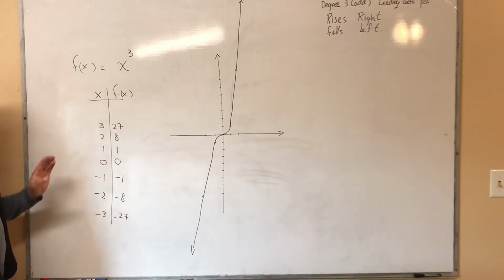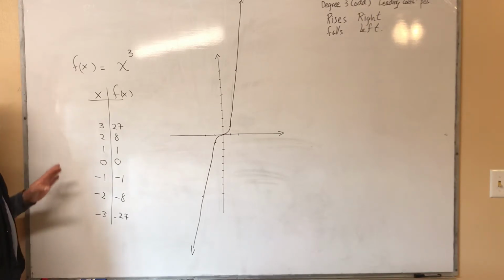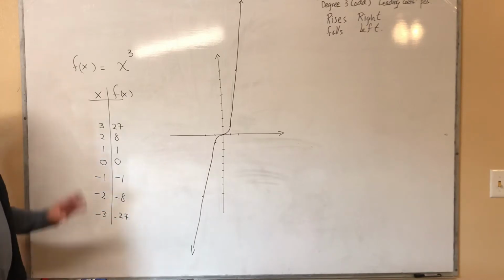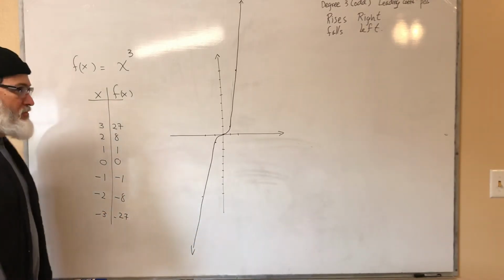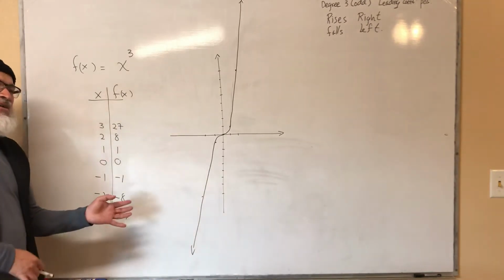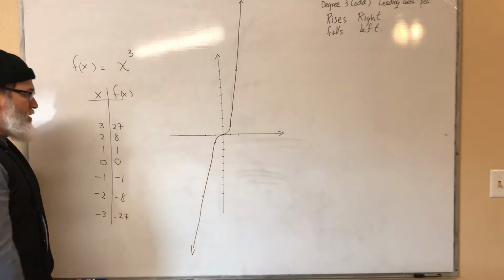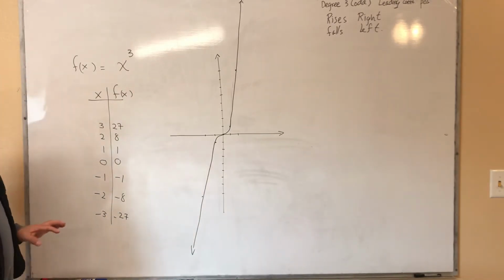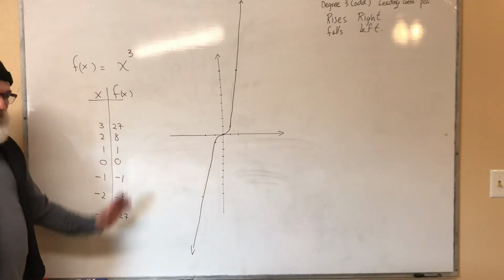We also say this function is odd. This is an odd function. Okay, so we have even functions. We also have odd functions. I'm going to go back and explain to you what an even function is in a few seconds. But we call this an odd function.